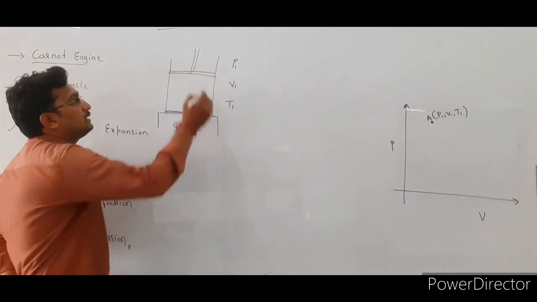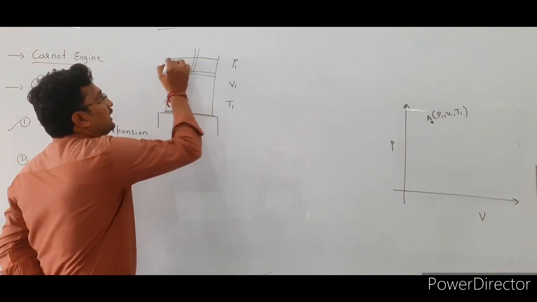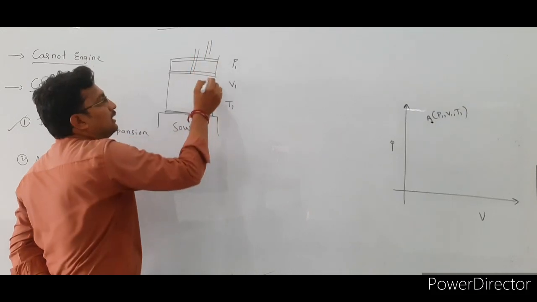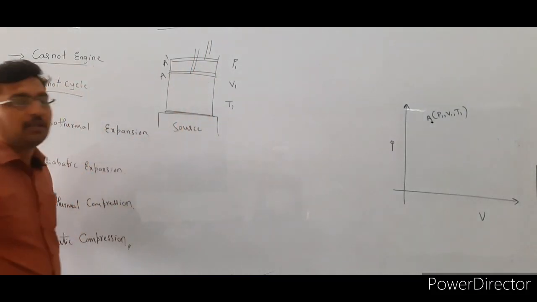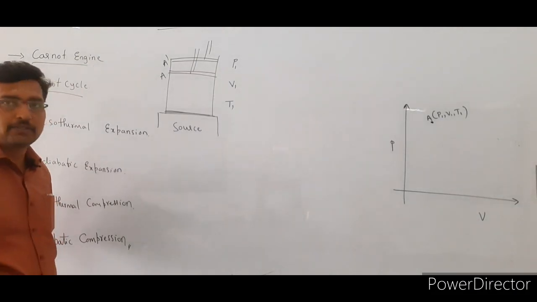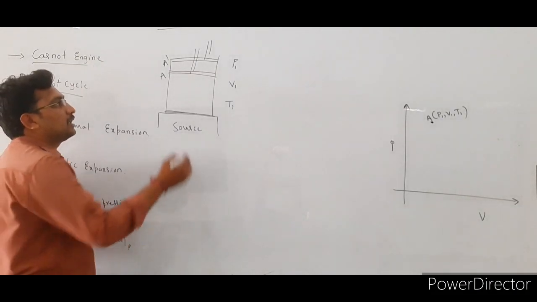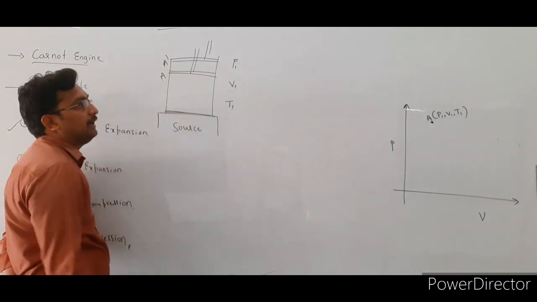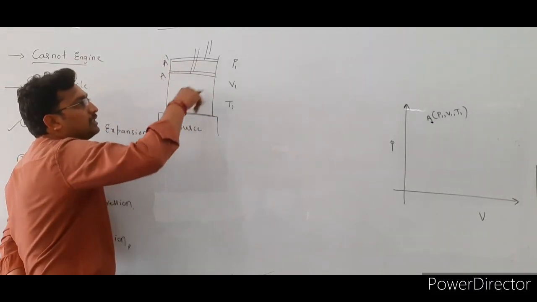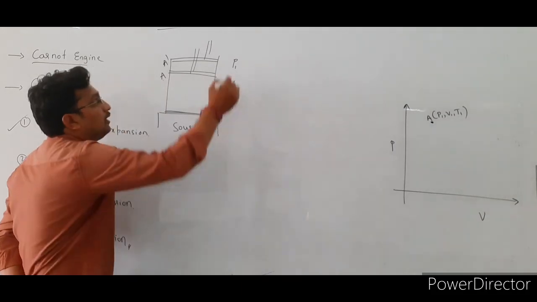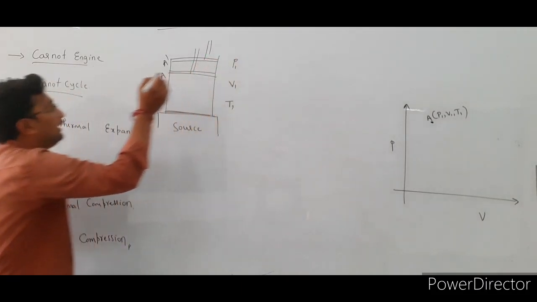If we expand, the volume of this cylinder is increased. So the piston is moving from A to A dash position. If the piston is moving from A to A dash, the volume of the cylinder is increased.